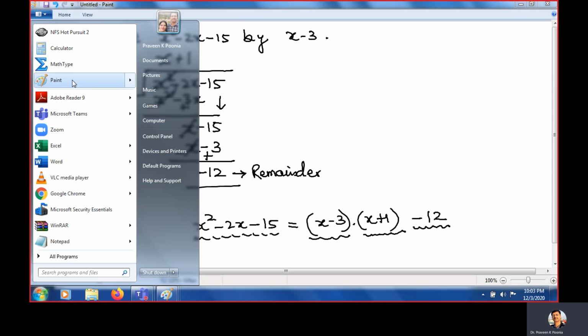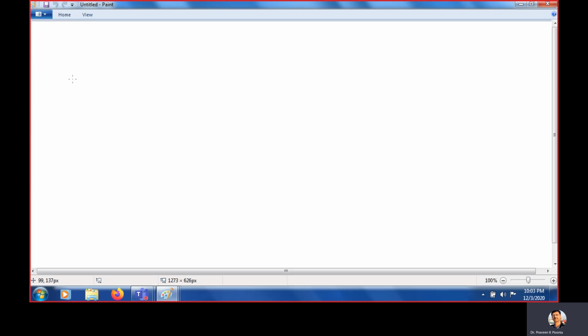Okay. One more question we will take for the division from your book. The question we are taking is part number D, over page 93.